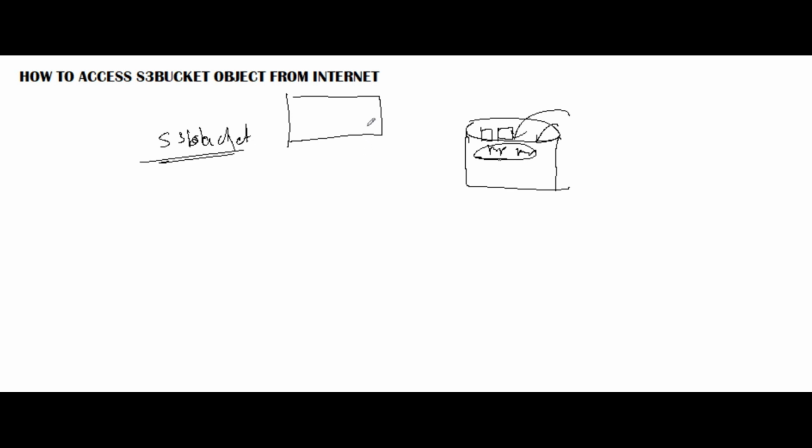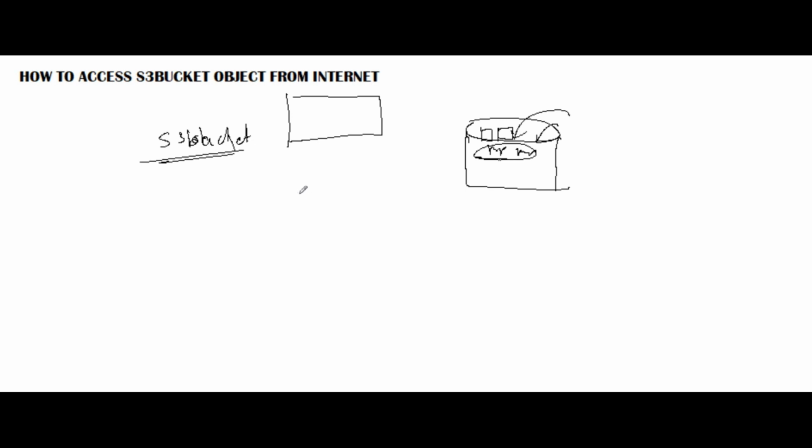An S3 ACL is a sub-resource that is attached to every S3 bucket and object, to define which AWS account or which group is granted access, and the type of access.